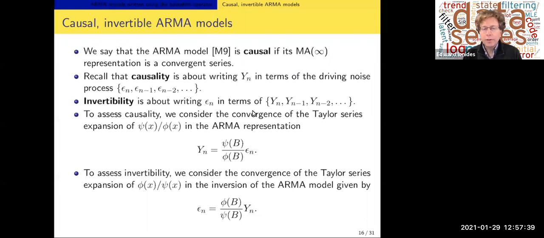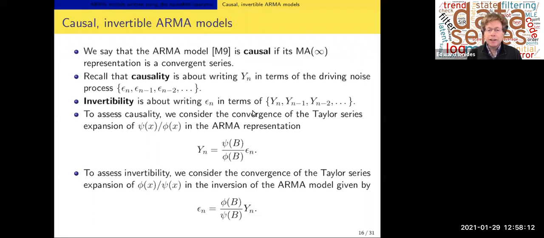Okay, so causality is about writing y_n in terms of the driving noise process epsilon_n. We can also define invertibility, which is basically the reverse task, writing epsilon_n in terms of the time series process y_n. And assessing causality means writing y_n in terms of epsilon_n. That's basically what we just did before. We write y_n is psi of b over phi of b epsilon_n and calculate the Taylor series expansion, see if it converges.